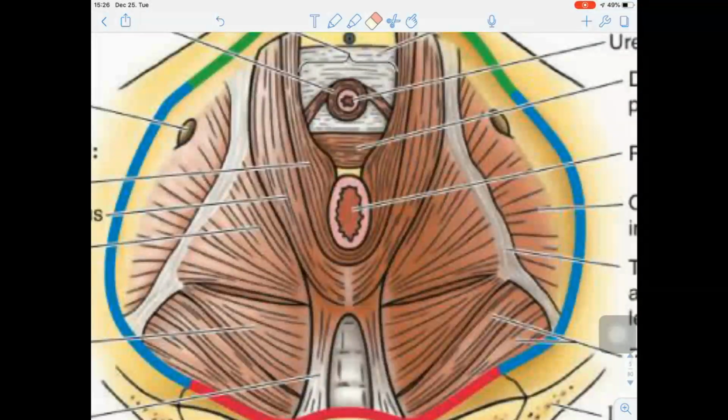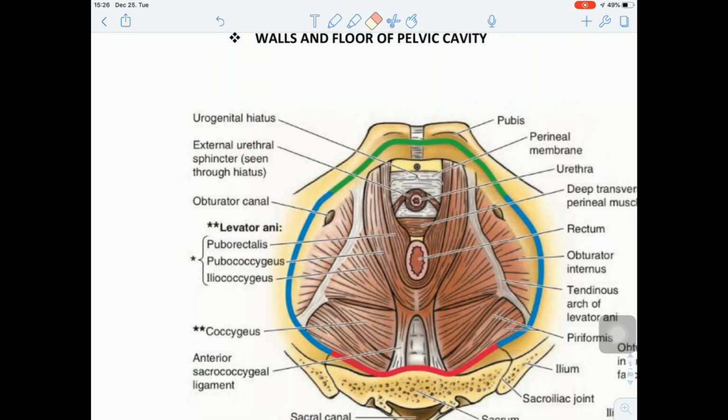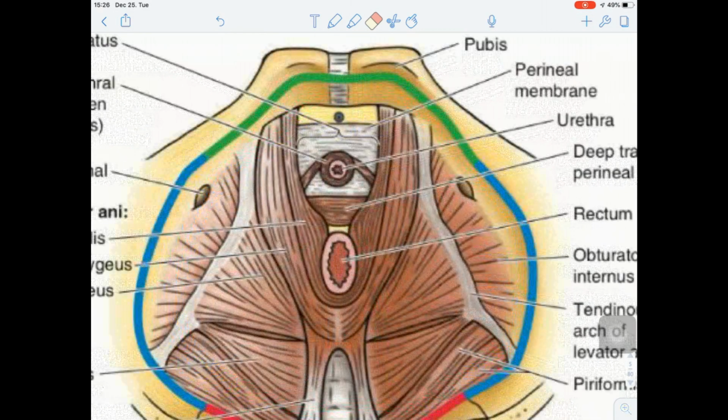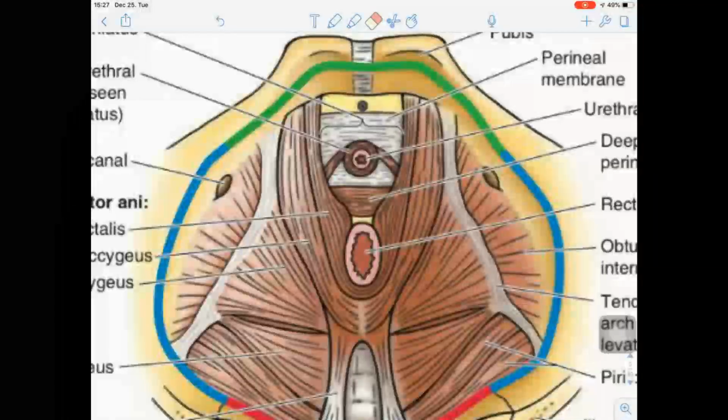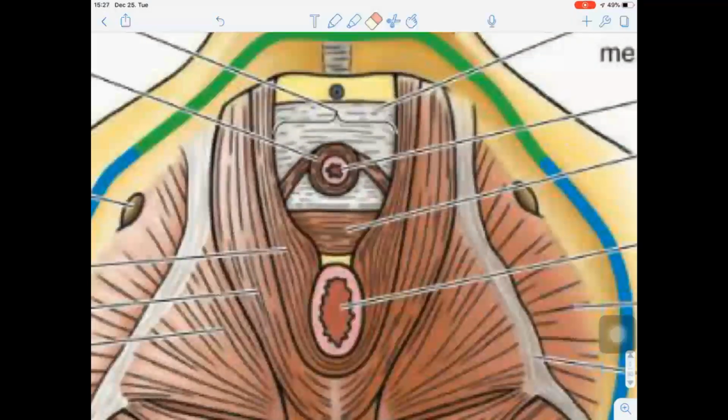Now let's see the parts of the levator ani muscle. Before I move on, you've got the rectum passing through part of it. Anterior to that, in the case of the male, there is a part between the medial borders of the levator ani muscle, right posterior to the pubic symphysis, where the urethra passes.